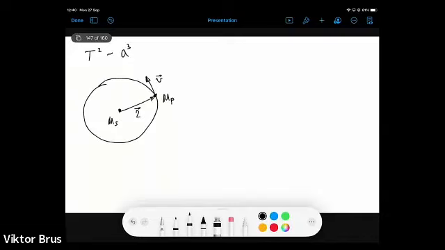The centrifugal force is a product of the mass of the planet times the centripetal acceleration. So, if we consider just magnitudes, the gravitational force is equal to the mass of the planet times this centripetal acceleration.